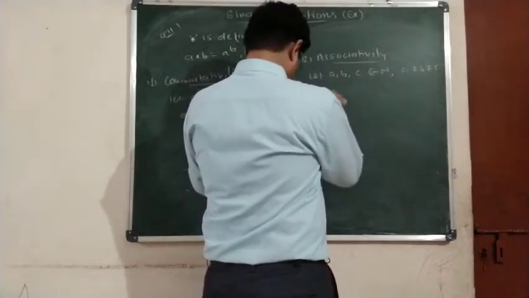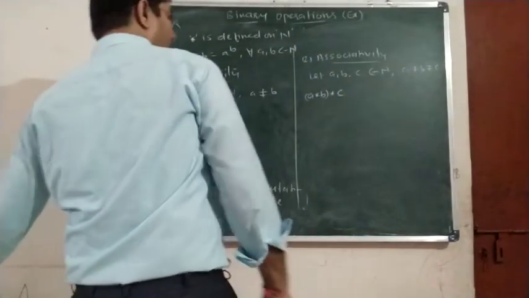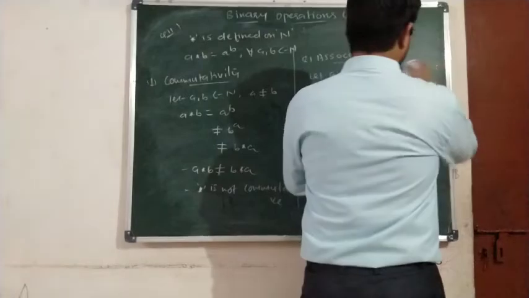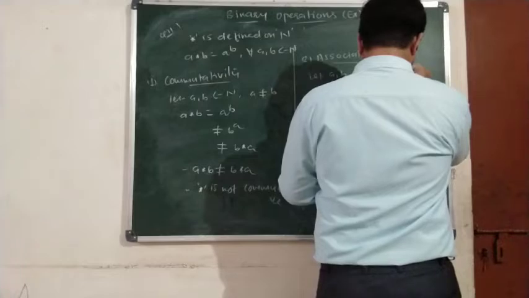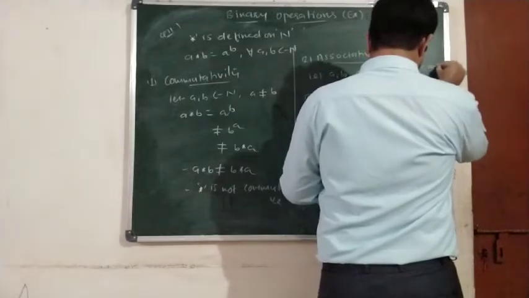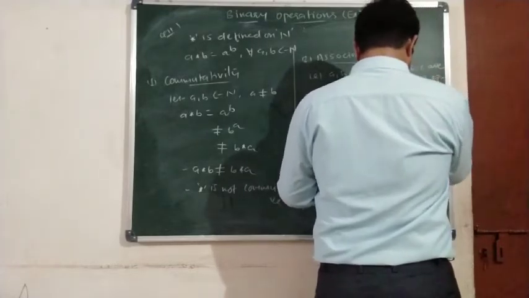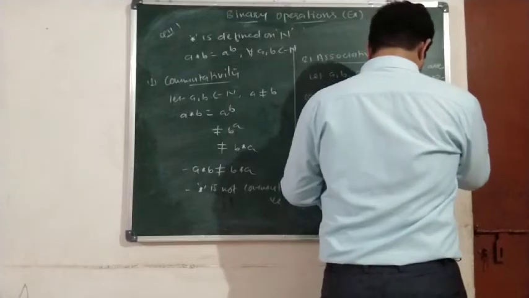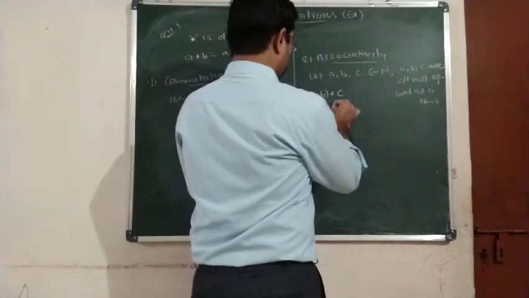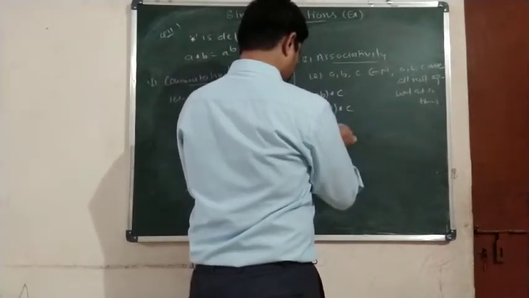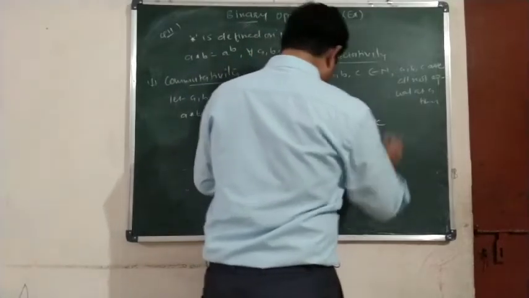Rather than writing a, b, c, are all not equal at a time, I will write it this way. Therefore a asterisk b asterisk c, that is, a raised to b asterisk c, will be equal to a raised to bc.